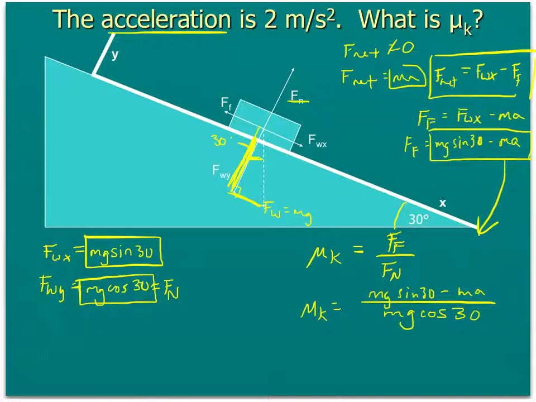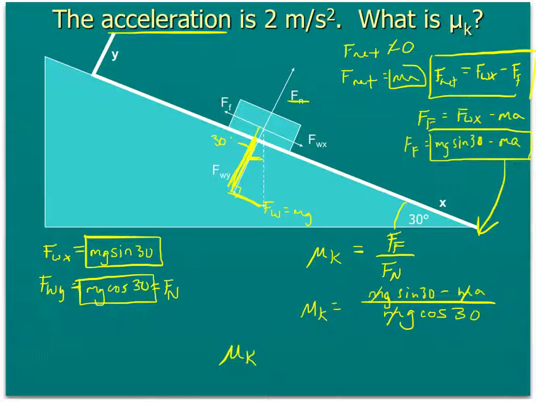Now notice I have mass in each part of this expression, so I can cancel out mass. Notice I can't cancel out g for gravity because it's not in the second part of the top equation, so I have to leave that in there. But at this point, I know my value of g, and I know my acceleration is 2, so I can plug numbers in and solve.